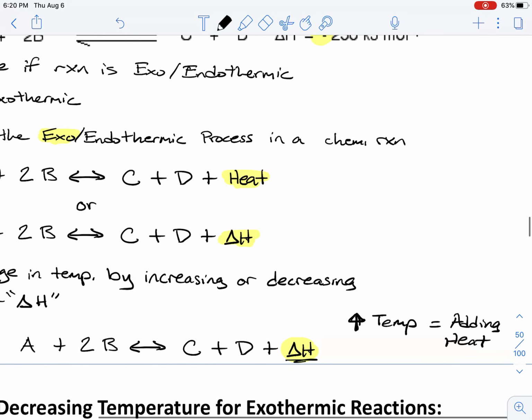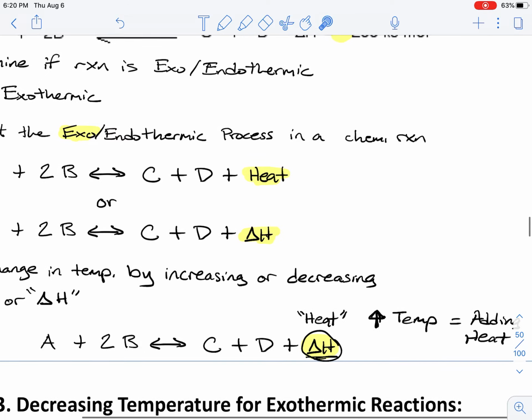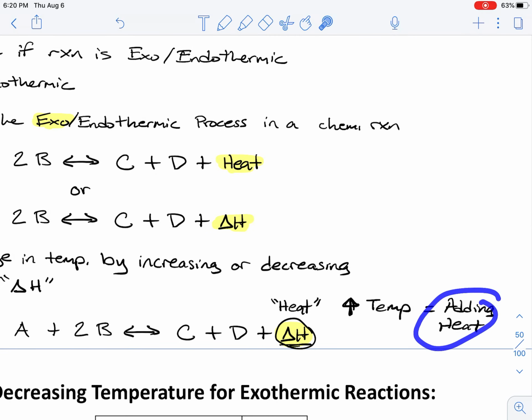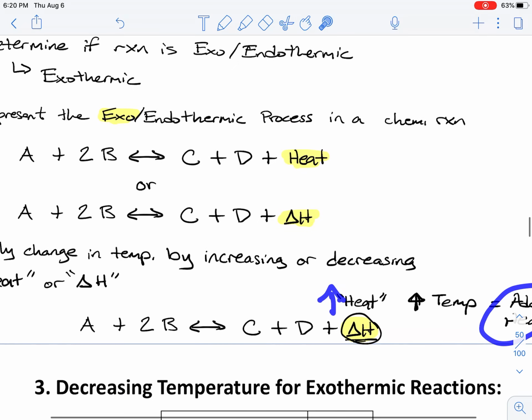Well, if delta H represents heat, and if we treat heat as either a reactant or a product, in this case it's a product because it's exothermic, then adding heat increases the concentration of quote unquote heat.